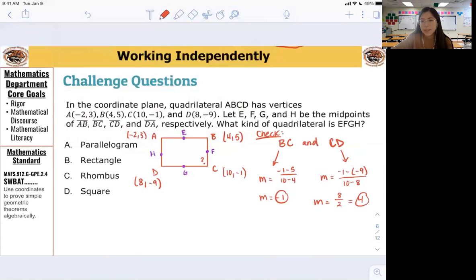Do I have perpendicular angles? I do not. So what can I get rid of right away? It's not a square.